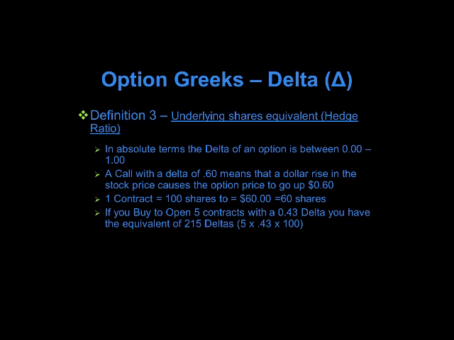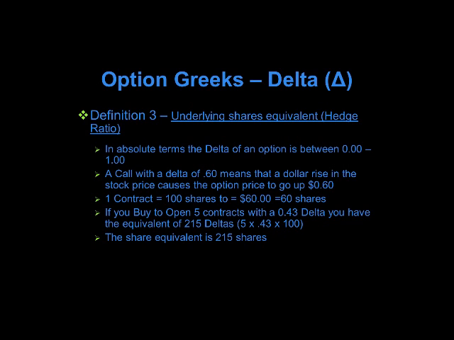You take 5 times 43 times 100, because option contracts are 100 shares each, and that gives you 215 deltas. So if you were to buy that and you looked at your trading platform, it says you're holding 215 deltas. What does that mean? It's the same thing as owning 215 shares of stock, because remember, stock is a 1-to-1 ratio.